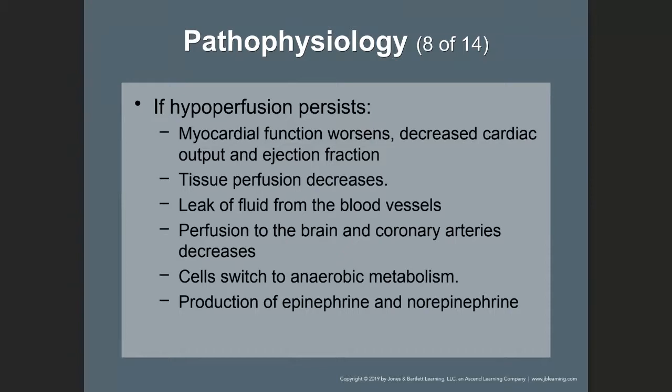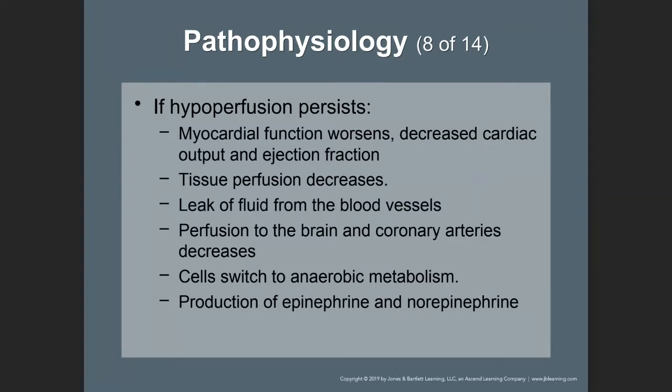There are going to be leaky blood vessels. Perfusion to the brain and the coronary arteries will be compromised, and the cells will switch to anaerobic metabolism, which does not produce enough energy and can produce lactic acid, which can lead to metabolic acidosis. The production of epinephrine and norepinephrine will occur at this point.